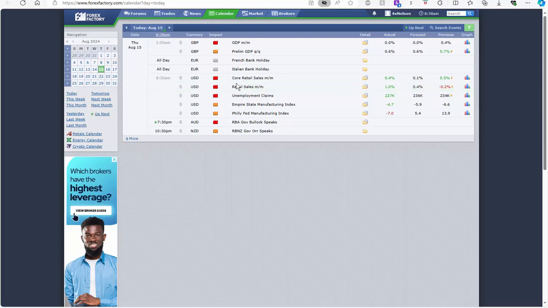But strong news like the core retail sales will also affect many different instruments, including the futures. Make sure you keep an eye on the calendar so you're not surprised by high impact news.